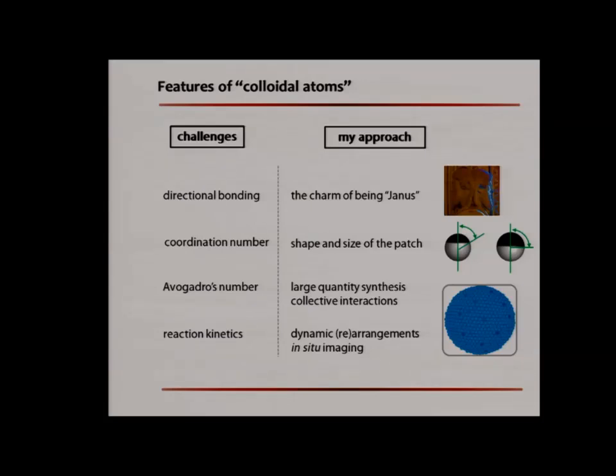That's how we can have directional bonding. We can always fine-tune the size and the shape of the attractive side, or the attractive patch, of the Janus particle so as to control its coordination number. We can make a lot of them, and those particles, at micrometer in size, can be agitated by thermal fluctuation in solution. They're dynamic, and we can see their dynamics using an optical microscope in situ.